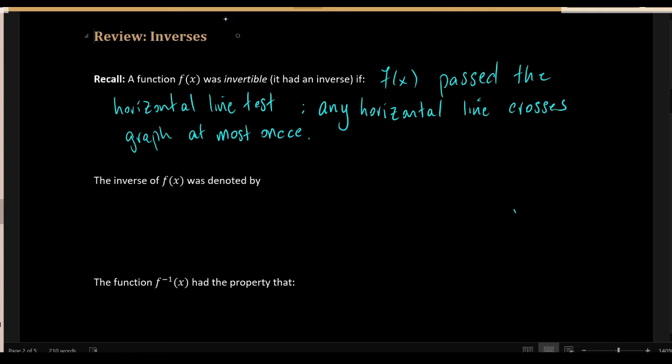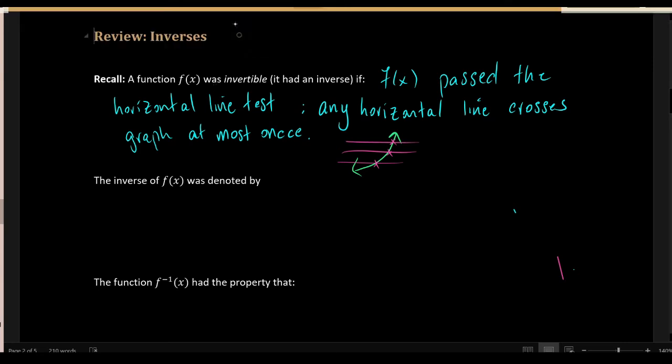So a function like e to the x, a J-shaped curve, was okay, because no matter what horizontal line you drew, that horizontal line never crossed the graph in more than one location.